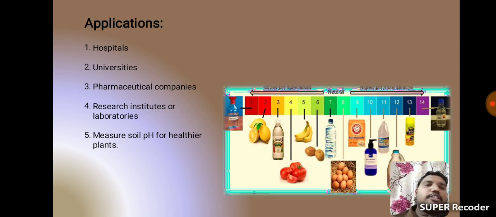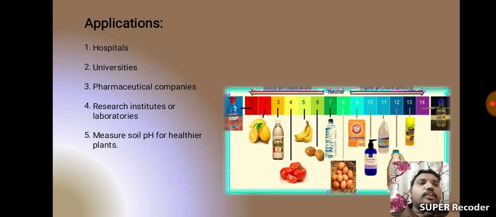Whatever it is, the pH meter has different applications. Like tooth decay infections, toothpaste has a pH value above 8. Next one, urine analysis. Urine pH value is 4.8 to 7.5, that is the normal range. Rainwater has a pH value of 5.6. Next one, soda water.